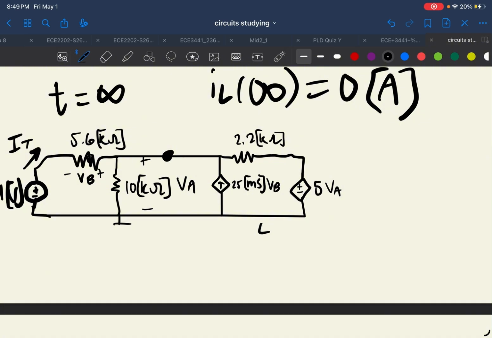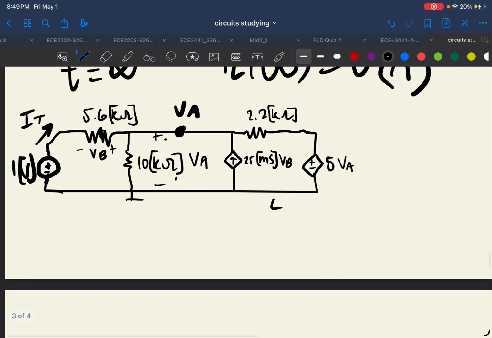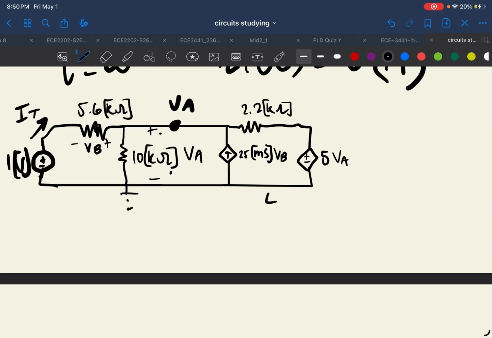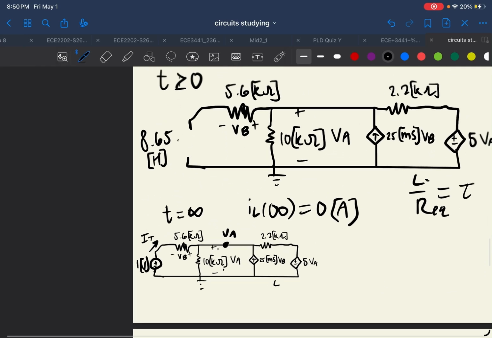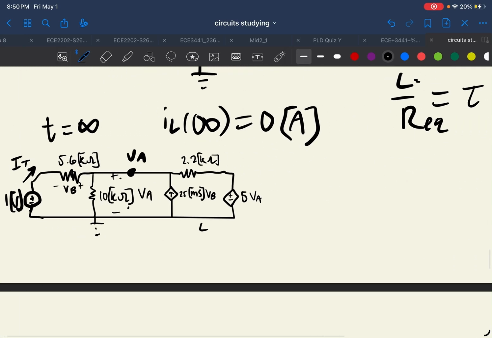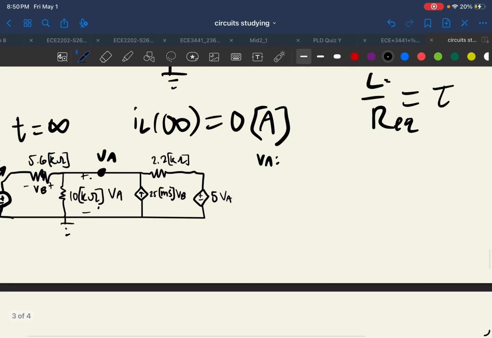We're gonna label this as VA because that's plus minus, that's VA. Okay. Let's do some node voltage because I like to do node voltage. So let's do that VA node. Okay, VA over 10 kilo ohms. All right, that's that current right there.